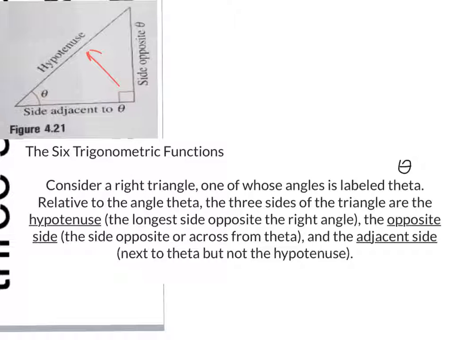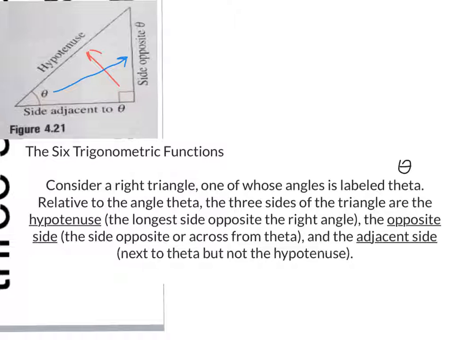The opposite side is the side opposite or across from theta. So opposite of theta, just like how we did with the right angle, opposite would be in this direction.